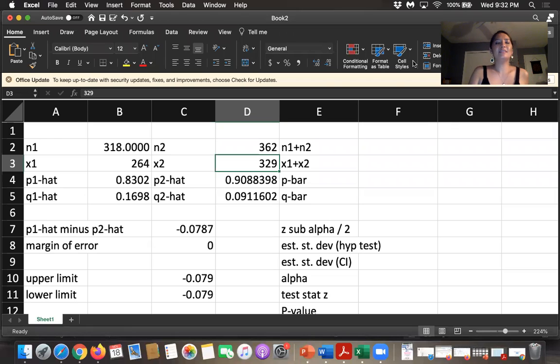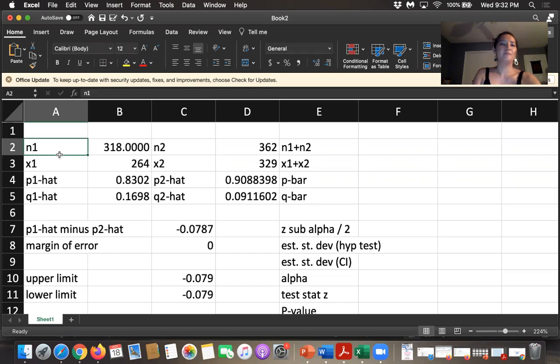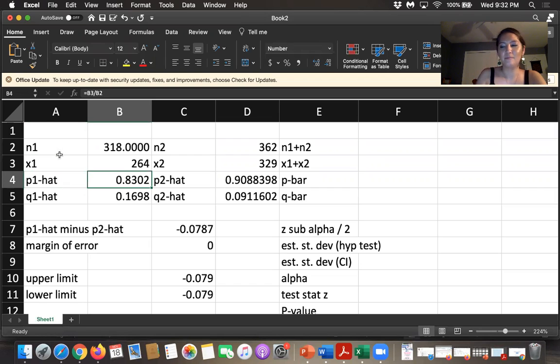Okay, so I created this little Excel spreadsheet, and in the first column, I'm listing N1, the size of my first sample, and X1, the number of accurate orders in that sample. And then P1 hat, I'm having Excel compute that this way. Actually, I'll type in those formulas again for you.